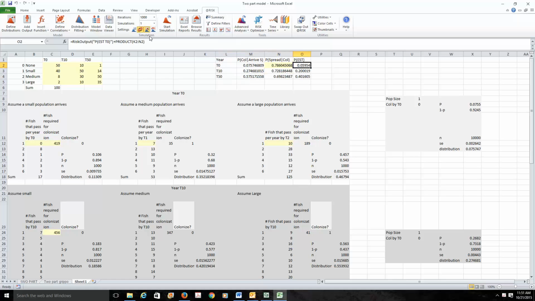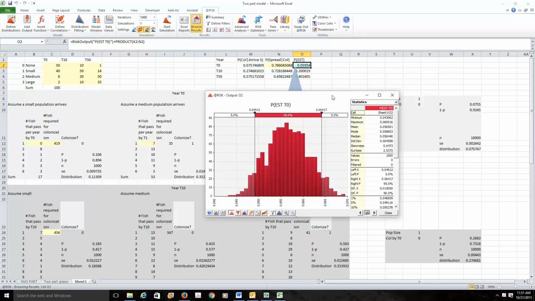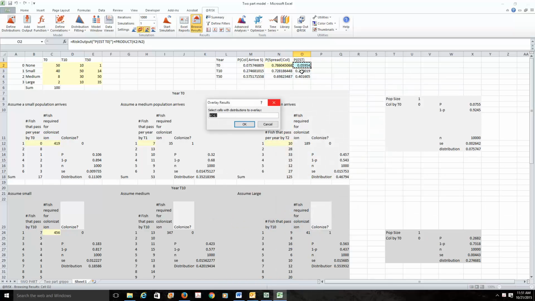So we just did a simulation of 1,000 iterations. Let's take a look at our results here. This is showing us the results of 1,000 estimates of the probability of establishment. So we don't know what this number is. We would use a 5-number summary to summarize it numerically, or we could use graphics to do that. But let's compare this to the probability of establishment by year T10.